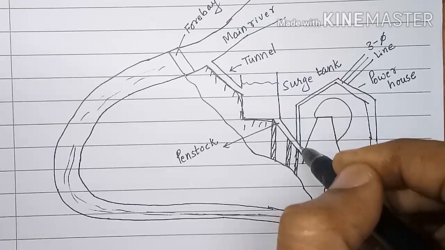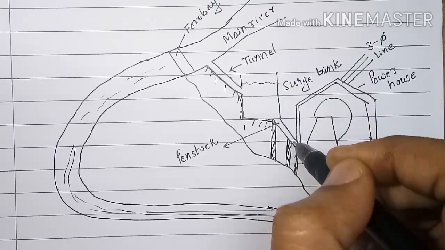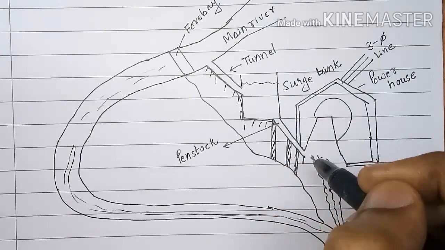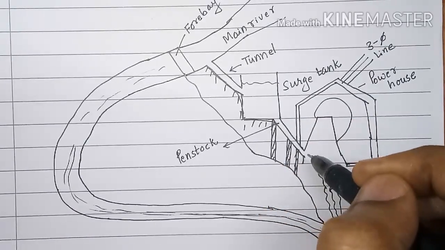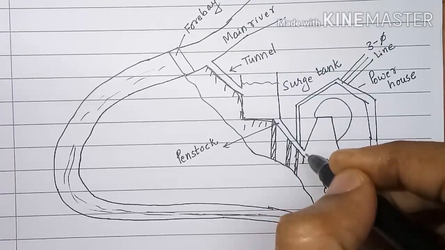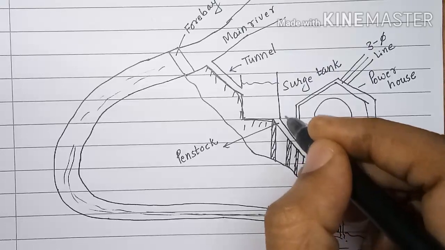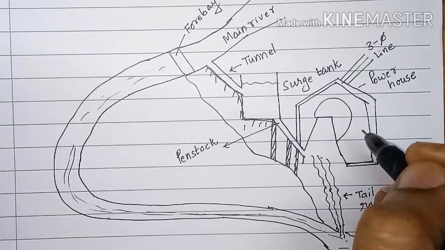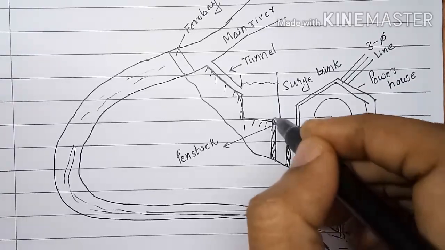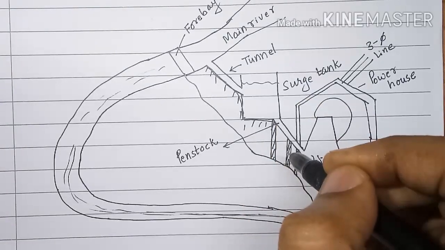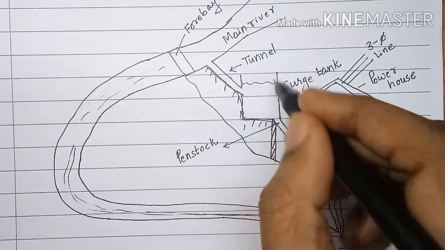The vibration of penstock, because of sudden reduction in water flow through it and the backflow of water, is called as water hammering. If water hammering happens to be there continuously, then the penstock will be damaged. The penstock will be broken mechanically. So in order to avoid that, a surge tank is constructed. So it is like a shock absorber.